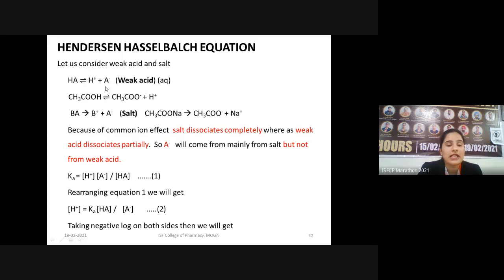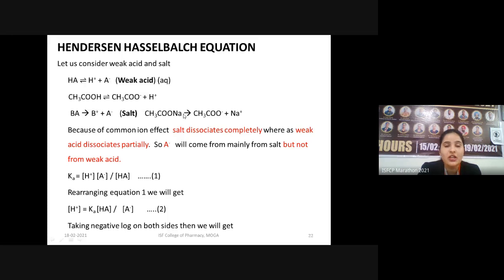Secondly, we will take a salt. A salt dissociates into oppositely charged ions. We have taken a salt, that is BA. It will dissociate into ions when dissolved in the aqueous medium, that is a cation portion and an anion portion, B positive and A negative. Here we have taken one example of a salt, that is sodium acetate.